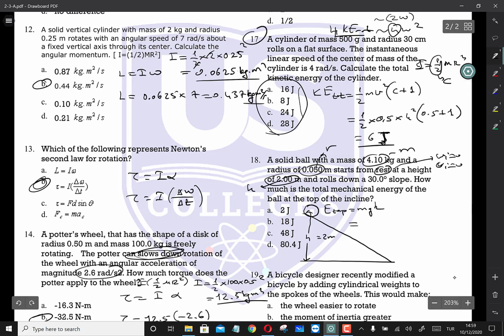Just use the equation for potential energy: 4.1 is the mass, multiplied by 9.81, multiplied by 2 meters, which is equal to 80 joule. 80 joule is the correct answer, which is D, or 80.4.